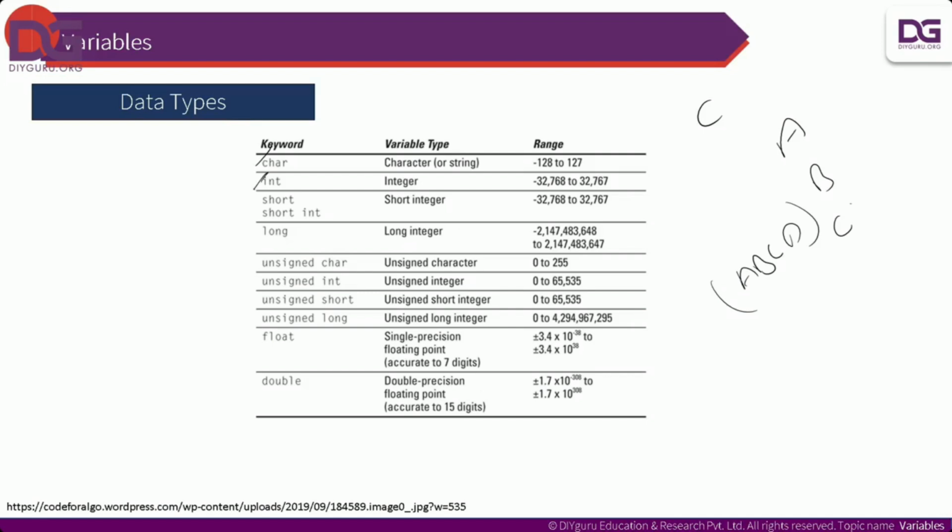Then next is your integers that have the range from minus 32,000 to plus 32,000. Next is your short int. Then your long int, that has a range of around 2 million, or 21 lakh, around this range. Then next is your unsigned char, then your unsigned int.